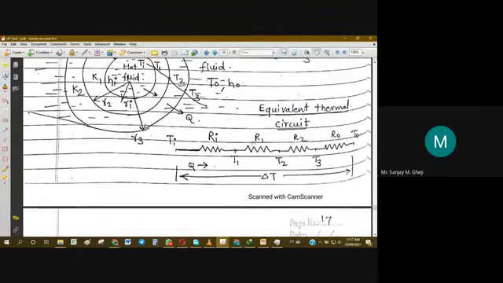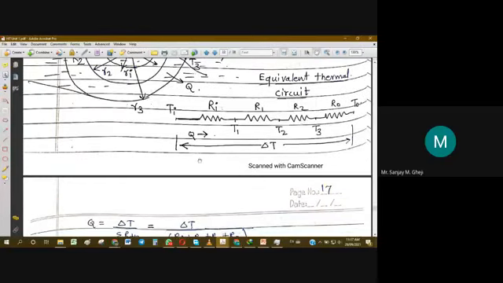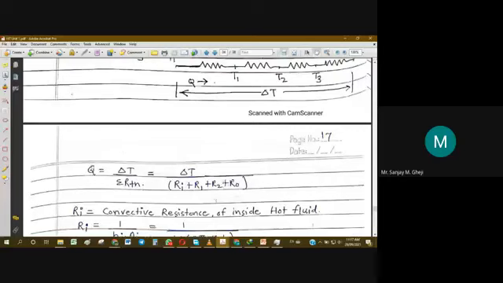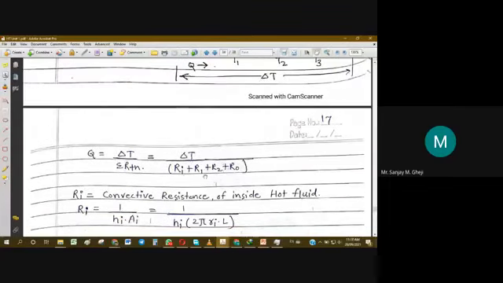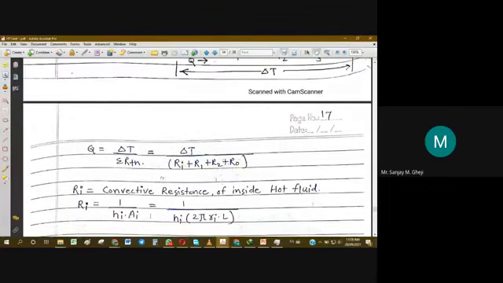All these four resistances are in series. So the heat transfer rate Q, flowing from inside to outside, will be the same for all these components because they are in series. So Q equals delta T upon summation of R thermal, and the summation will be the addition of all four: Ri plus R1 plus R2 plus Ro.